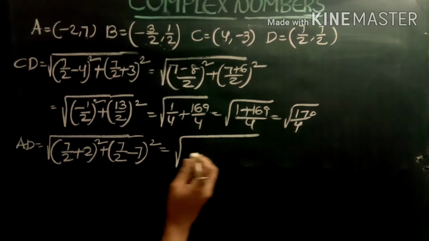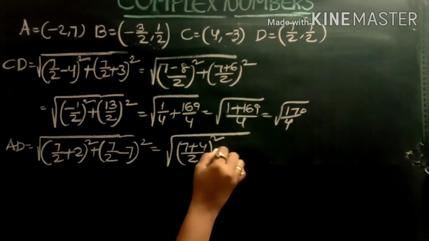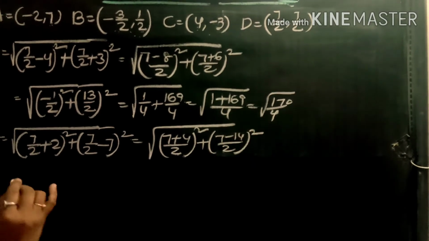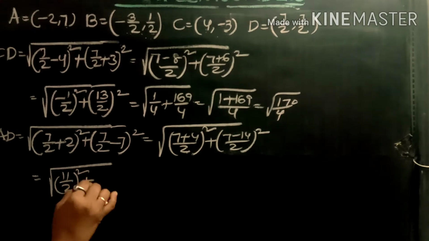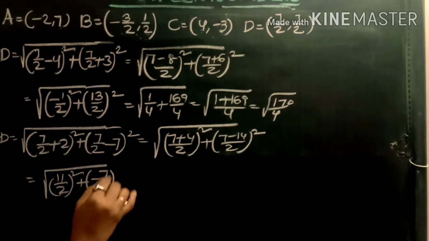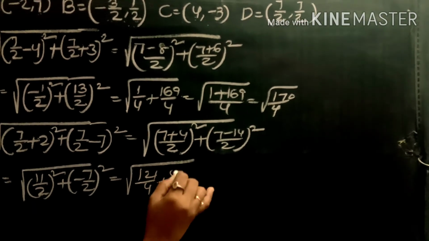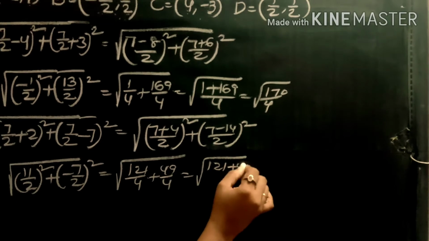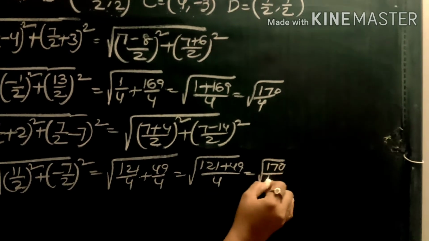Now this is the square root of (7 plus 4 by 2) whole square plus (7 minus 14 by 2) whole square, which is the square root of (11/2) whole square plus (-7/2) whole square, root over 121 by 4 plus 49 by 4. 121 plus 49 by 4, that is root 170 by 4.